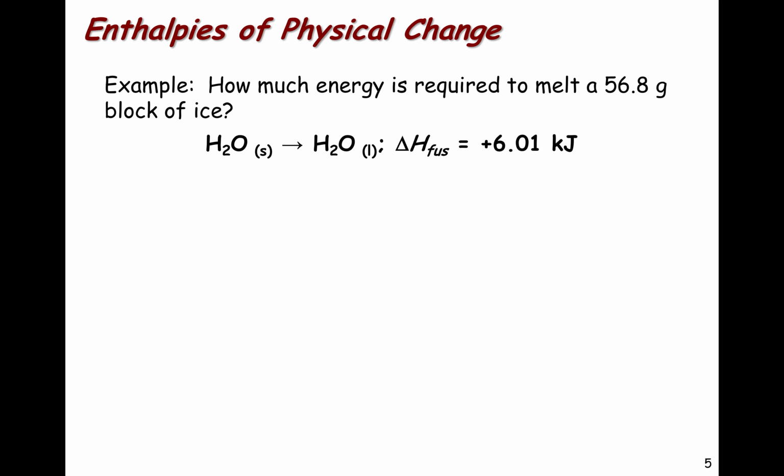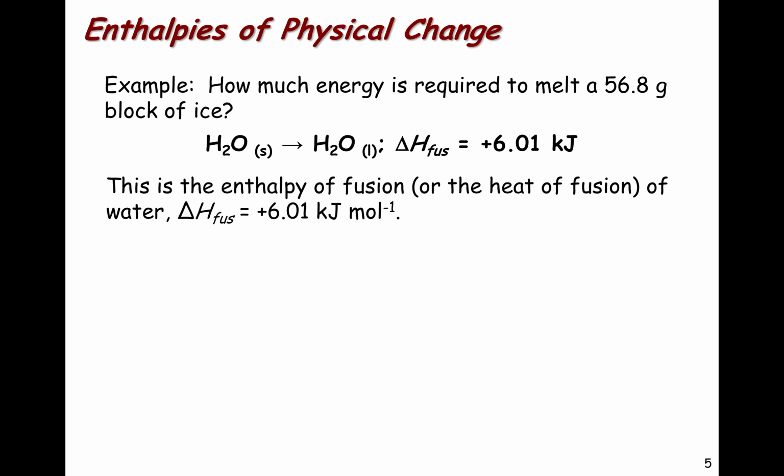The heat of fusion of ice is positive 6.01 kilojoules for every 1 mole of water. And so the process in this case would require that that amount of heat would be put into 1 mole of ice to produce the liquid water.